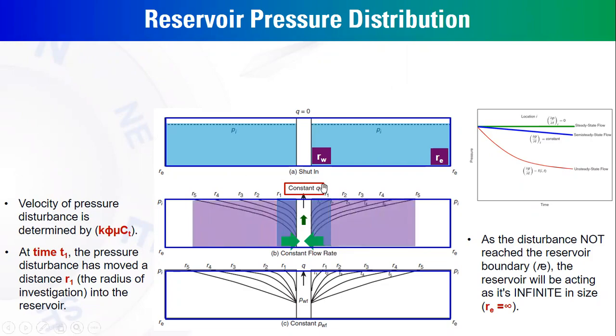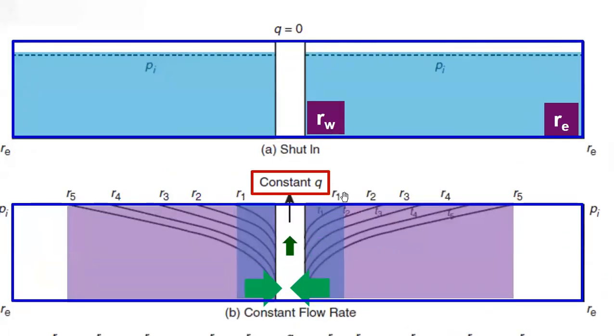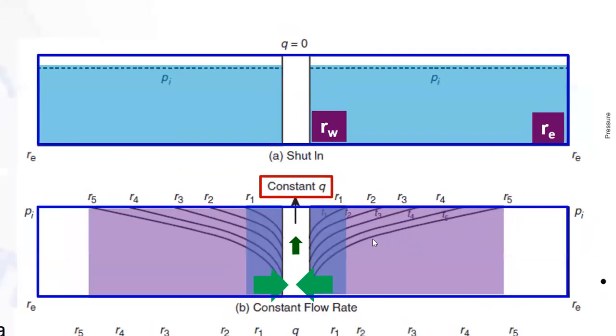That means at time t1, the pressure transient will reach a distance r1, while at time t5, the transient will reach distance r5, and so on.